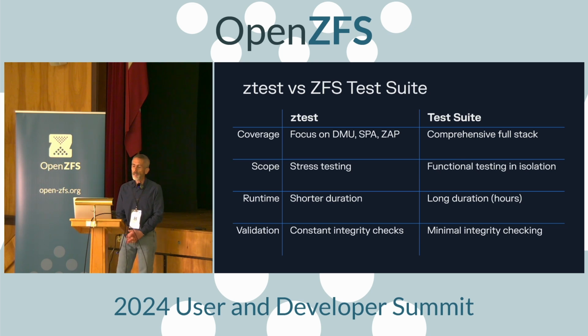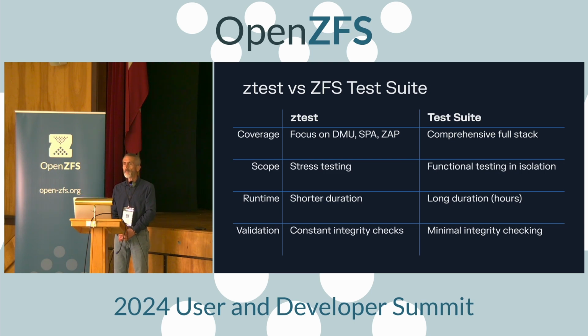On the flip side, ztest is very narrow in scope. It's testing the DMU layer of ZFS, the pool configuration layer, some of the ZAPs, the ZIL, the ARC, sort of the main core of ZFS. And the scope, of course, is to stress it out. We're going to try to break it, essentially.